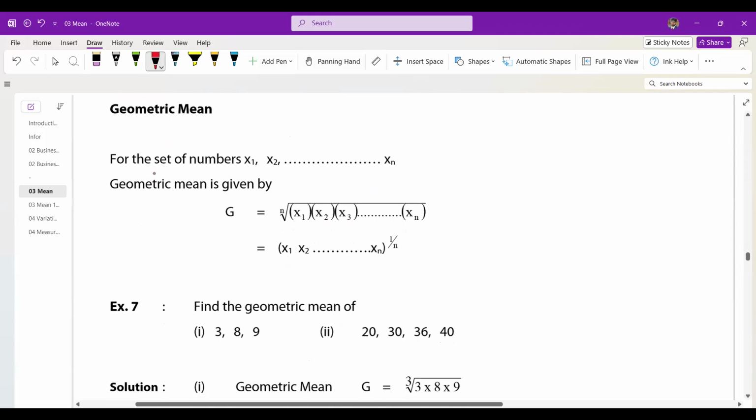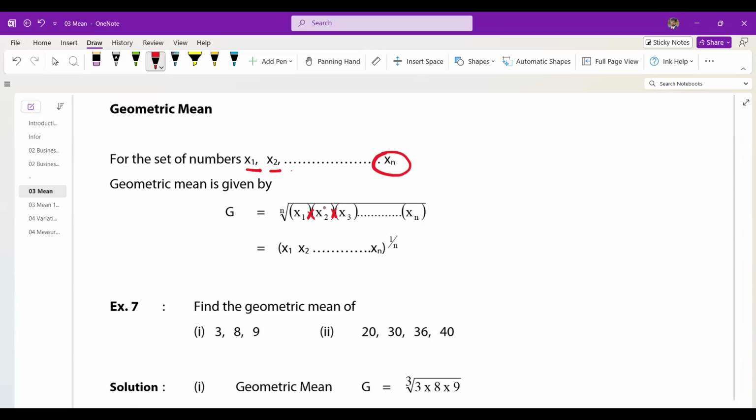Here we have a set of numbers x1, x2, x3, going until xn. Geometric mean is given by this formula: we multiply all the observations and then find the root, by the number of observations.